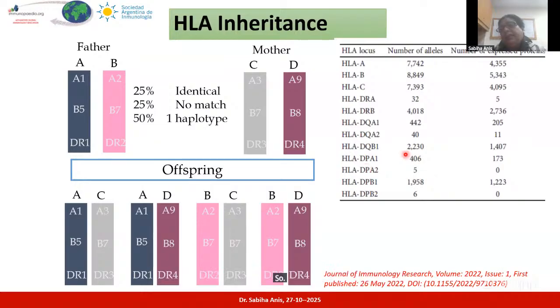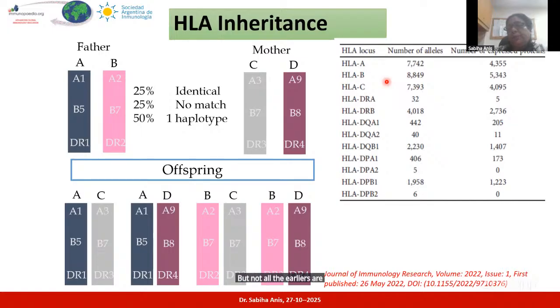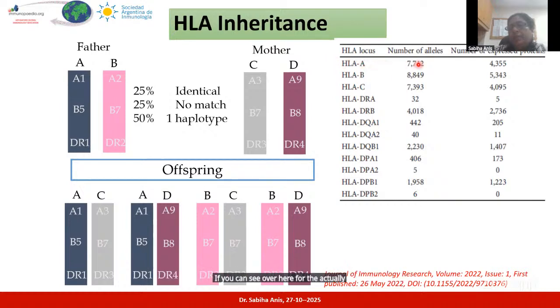So you can see that there are a number of alleles for each gene, and these alleles are expressed in the form of proteins, but not all the alleles are expressing HLA proteins. Some of them are null alleles. So if you can see over here for HLA-A, there are more than 7,000 alleles, but the proteins that are expressed are 4,355.